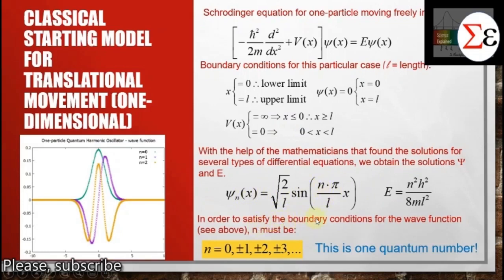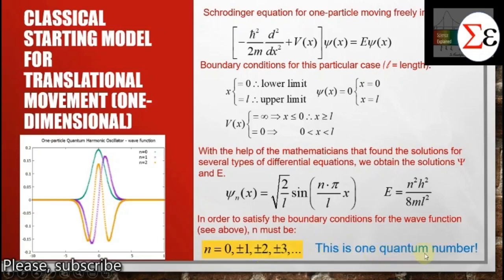In order to satisfy the boundary conditions given here for this wave function, n must be 0, plus minus 1, plus minus 2, plus minus 3, etc.